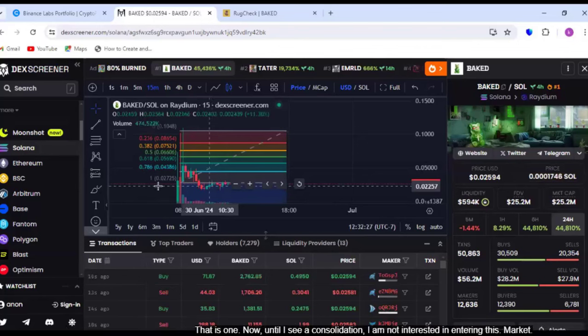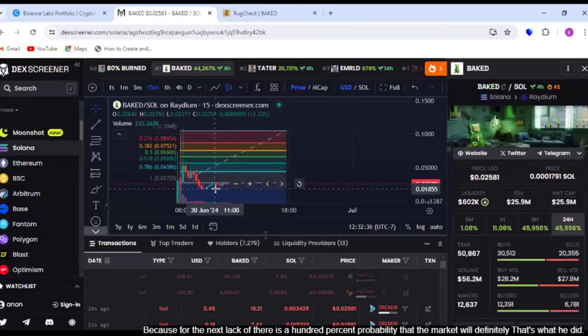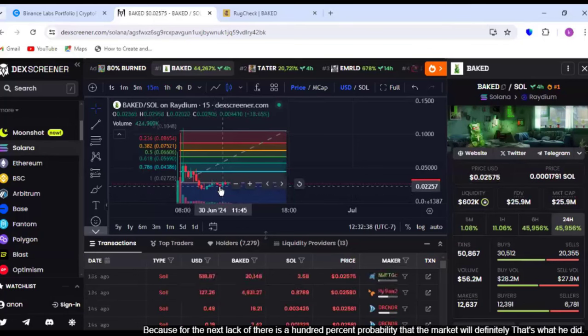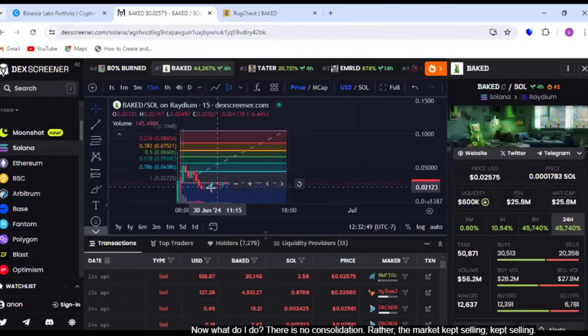Until I see a consolidation, I am not interested in entering this market. Because for the next leg up, there is 100% probability that the market will definitely consolidate, for about 5, 6, 7 candlesticks, before the next leg up.